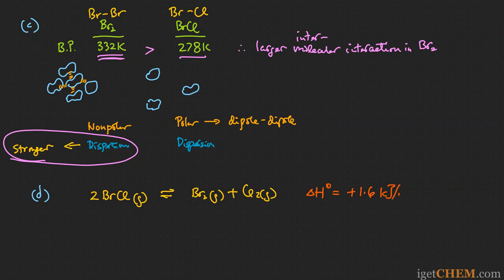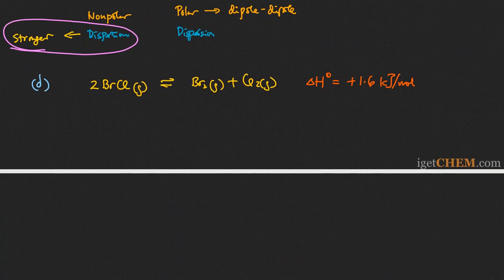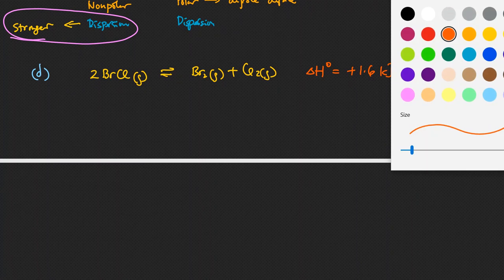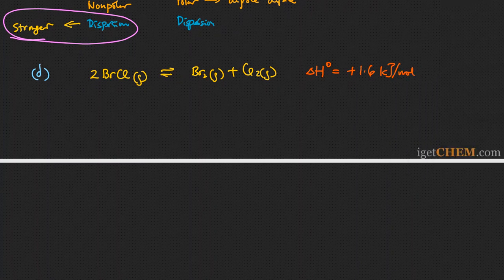And so the problem tells you in the reaction you mix together some BrCl in a flask. So let me write down the data that we are given.